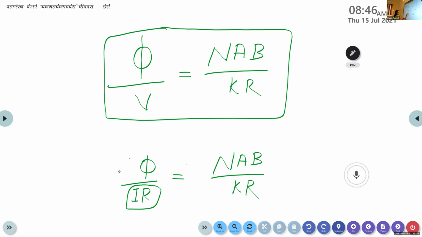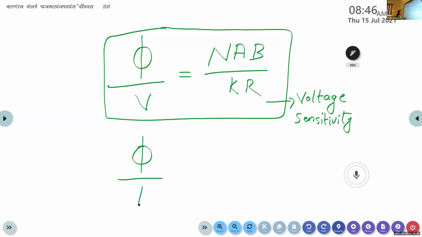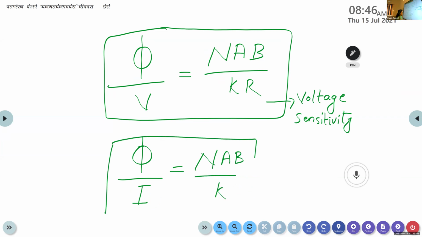Okay, so this is about voltage sensitivity and current sensitivity. The first equation is for voltage sensitivity, and the second equation, the angle of deflection per unit current, phi by I is equal to NAB by K, represents current sensitivity.